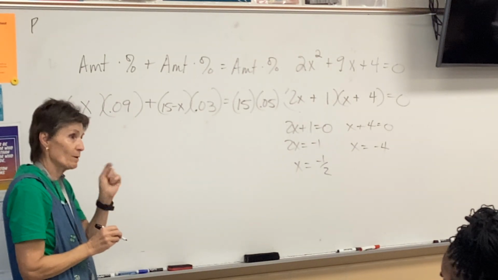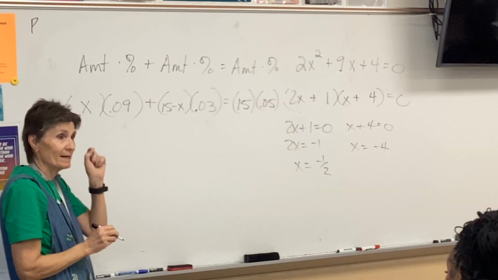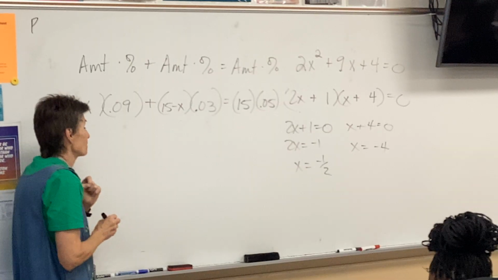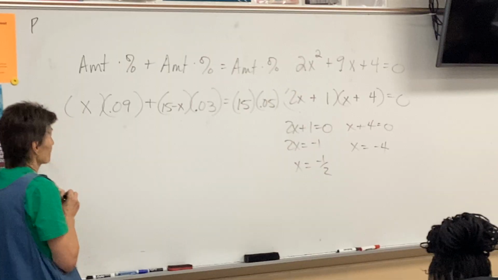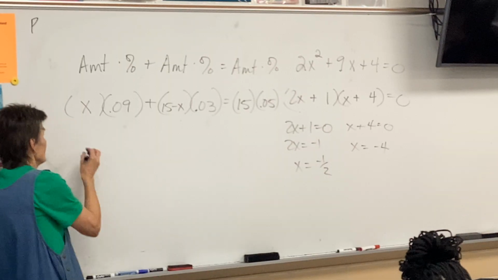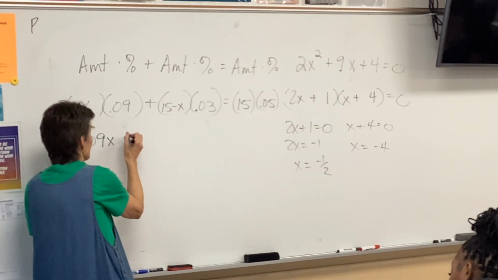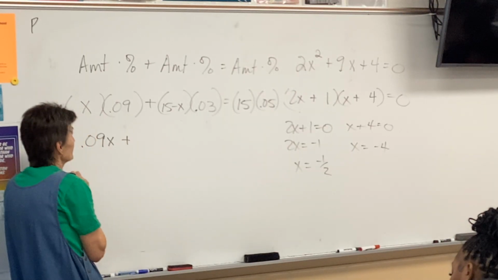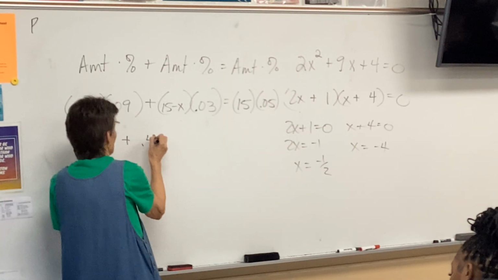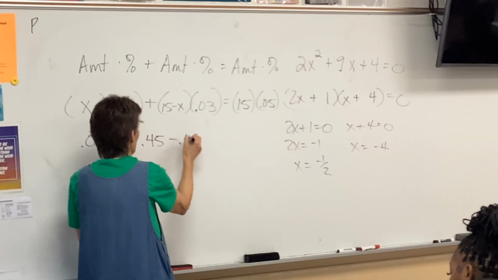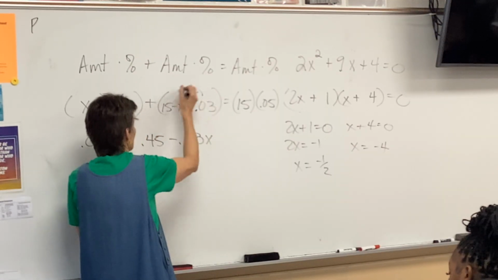It can't be the other way around. It's 15 minus x. So 0.09x plus, I'm doing a distributive here. This is a distributive.